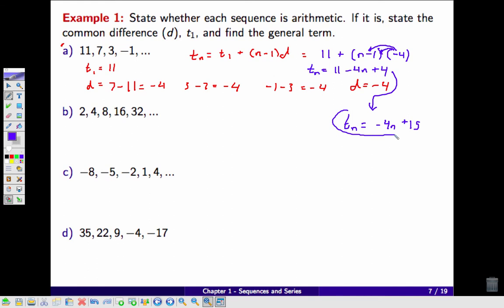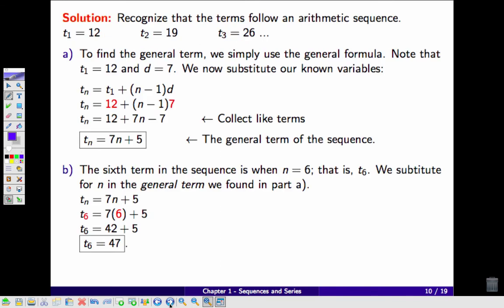So this is the general term right here. What that means is you can find any term in this sequence. So for instance, if you wanted to find the 100th term in this sequence, you're going to place 100 in for n and calculate.